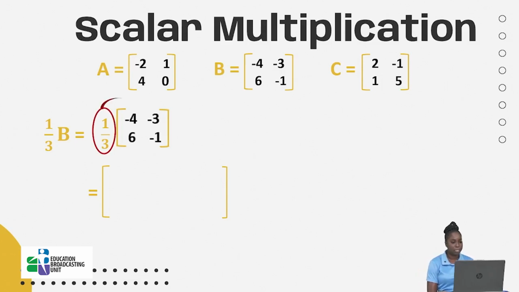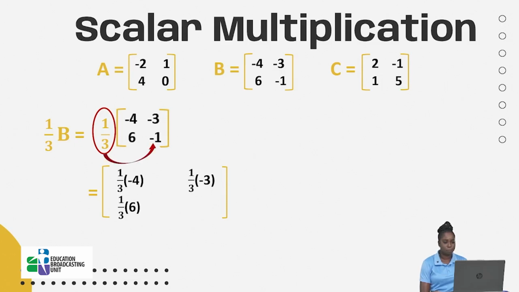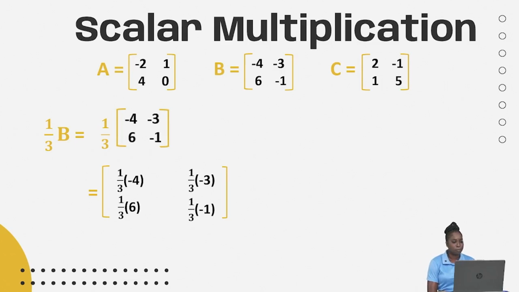So 1/3 times -4, 1/3 times -3, 1/3 times 6, and 1/3 times -1. Now let's simplify, but don't get nervous, not because it's fractions, it's actually not so bad.